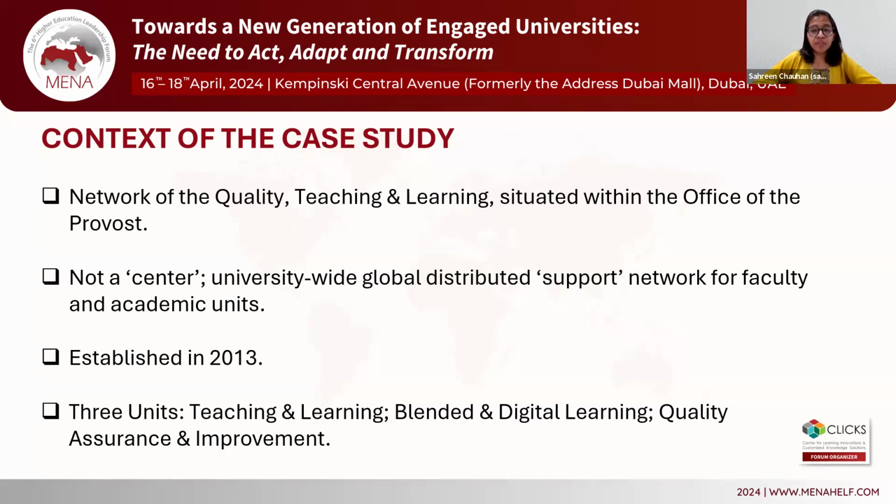We were established to provide support to our faculty members and other academic units in the area of teaching and learning. Within our network, we have 3 units: teaching and learning, blended and digital learning, and quality assurance and improvement.